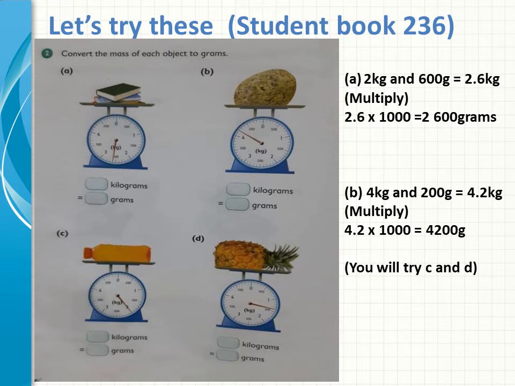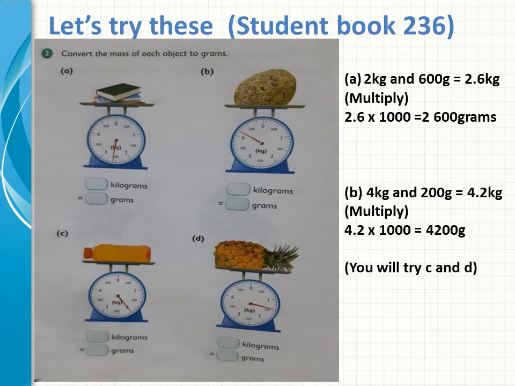Okay, the next one, B. Look at this rock. We have this big rock on the scale. And look at where the arrow is pointing. 2 lines after 4. 2 lines after 4 will be 200. So we can say the measurement on the scale, or the mass of this rock, is 4.2 kilograms.